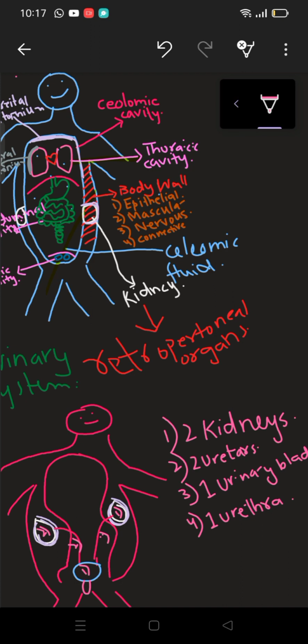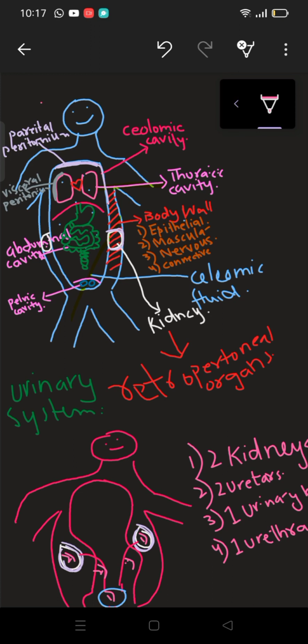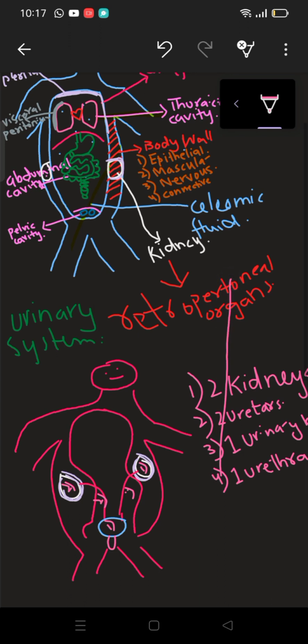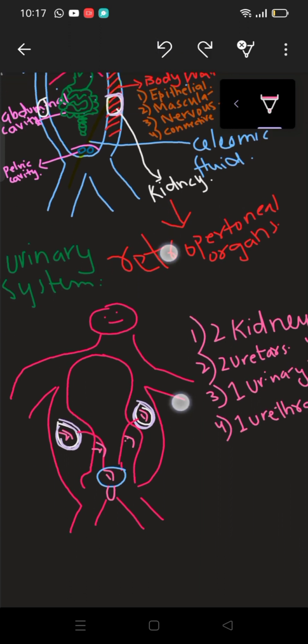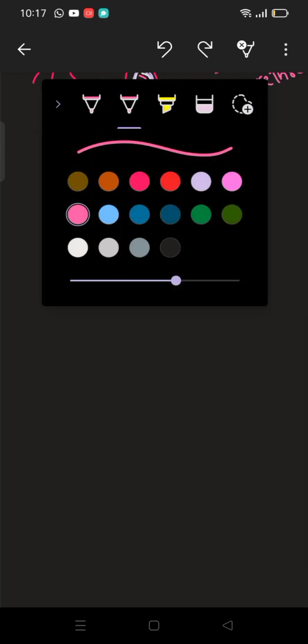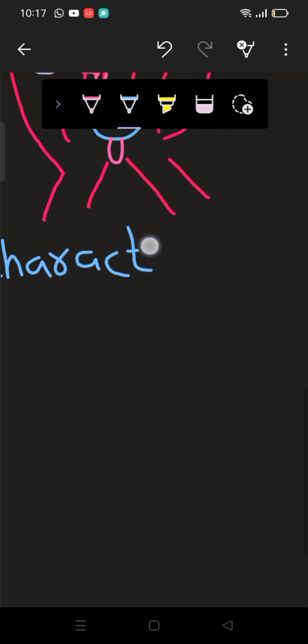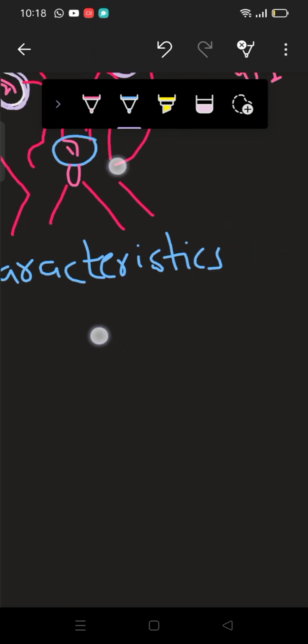Now we need to know what the characteristics of urine are. I am going to write it down: characteristics of urine.